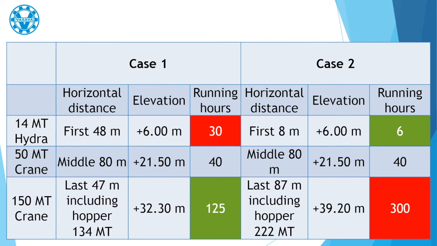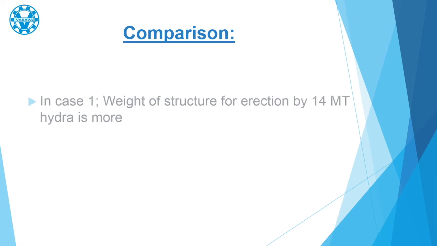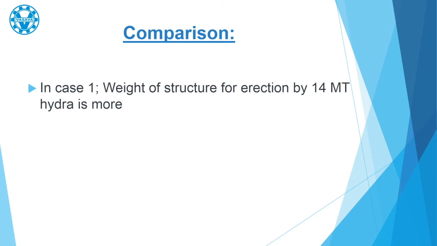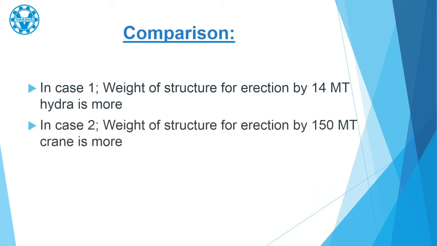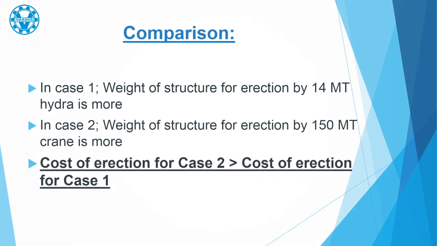Please observe the two different examples. In case 1 the weight of structure which can be erected by Hydra 14 metric ton is more as compared to case 2. In case 2, the weight of structure involving 150 metric ton crane is more. Obviously the cost of erection for case 2 will be higher than case 1.